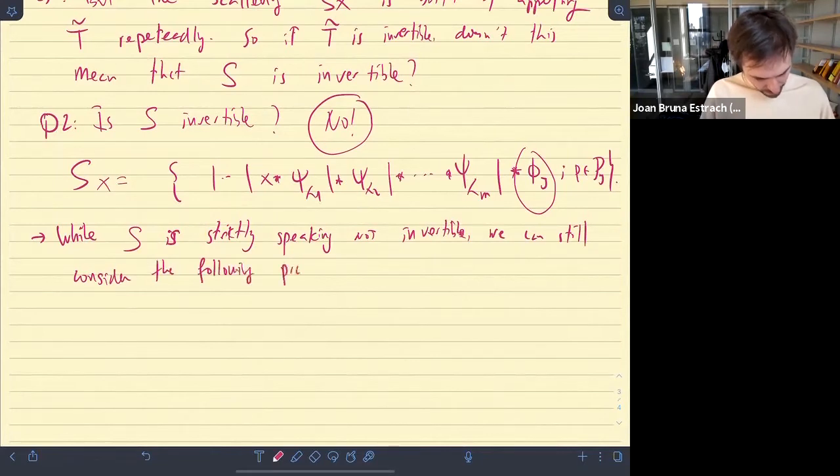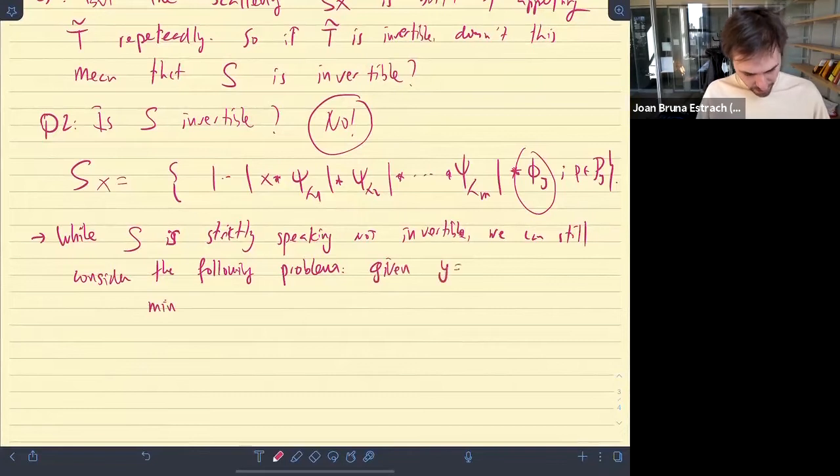Given some coefficients y, that is S of x, for x that is unknown, we can minimize over x prime the distance y minus S of x prime.